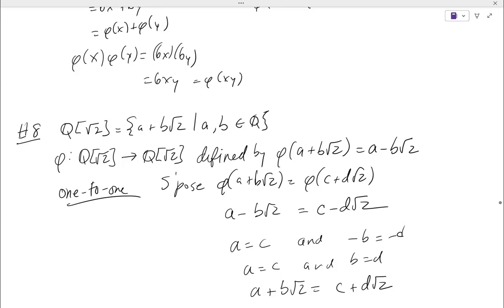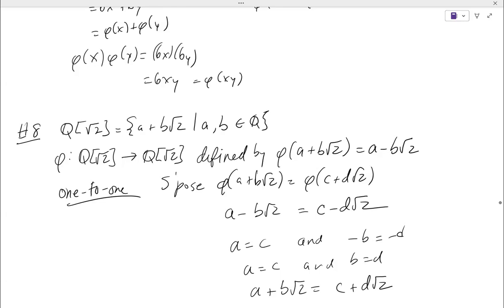This is pretty standard for functions in general, right? Take two outputs, assume they're equal, show that the inputs have to be equal. Pretty standard one-to-one proof. We will have another way to show something as one-to-one later on in the semester.